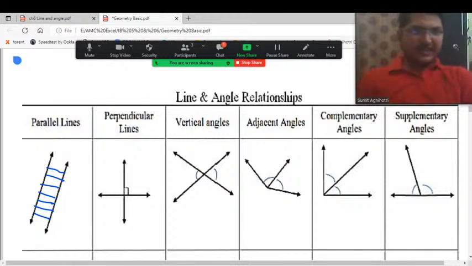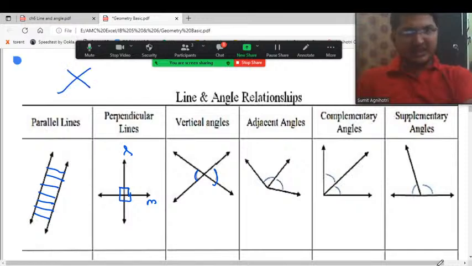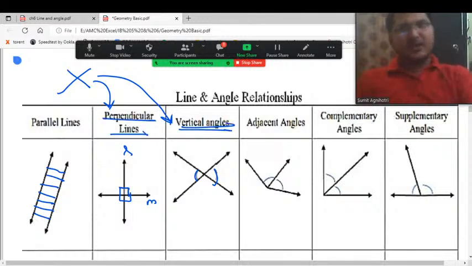And here we have two lines which are perpendicular to each other. They are making 90 degrees. They are perpendicular, and these are vertical angles, they are vertically opposite. So whenever lines intersect, they are intersecting lines which may be perpendicular, which may form vertical angles. Whenever we get perpendicular lines or vertically opposite angles, we actually have two intersecting lines.